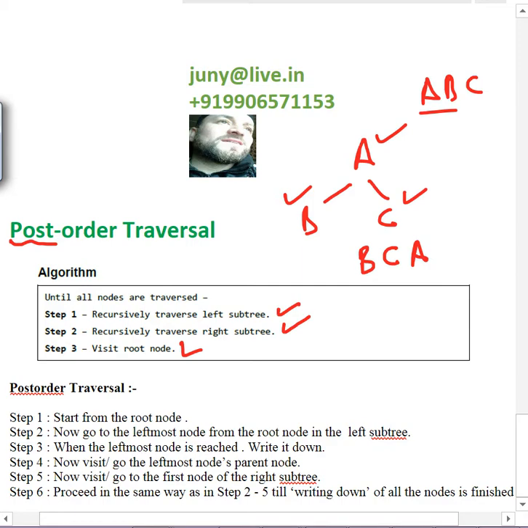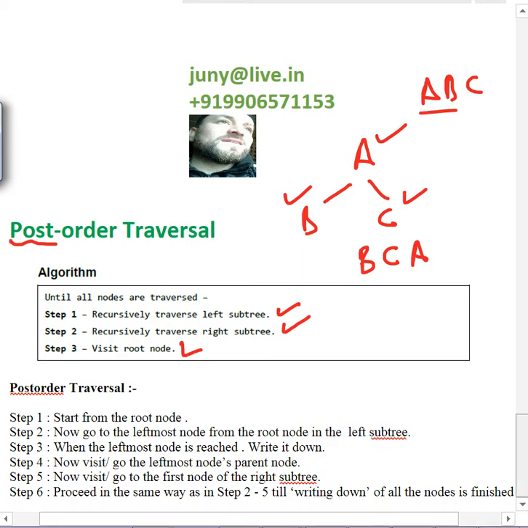Left and right subtree. If C is also a subtree and has nodes attached, we have to finish with all those. Then in the end we come to the A.